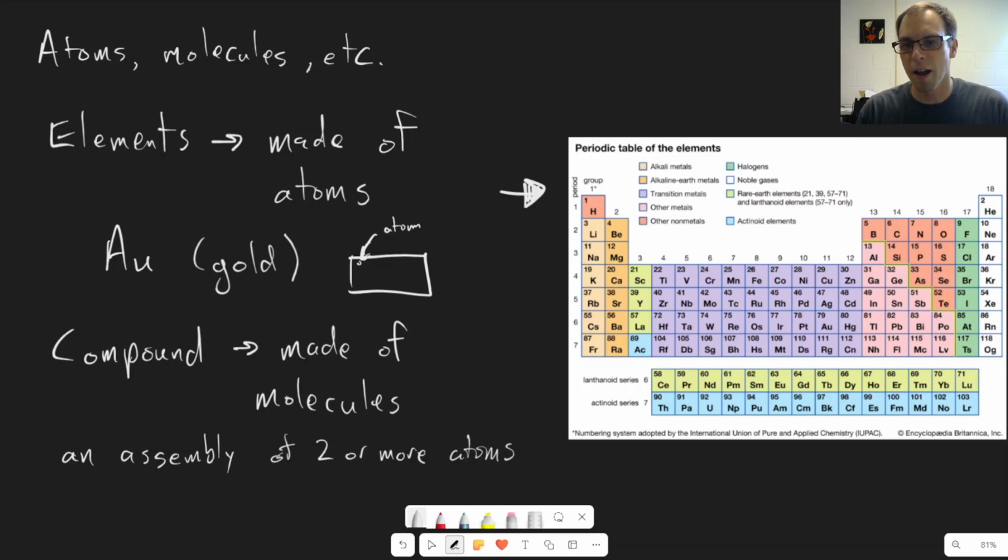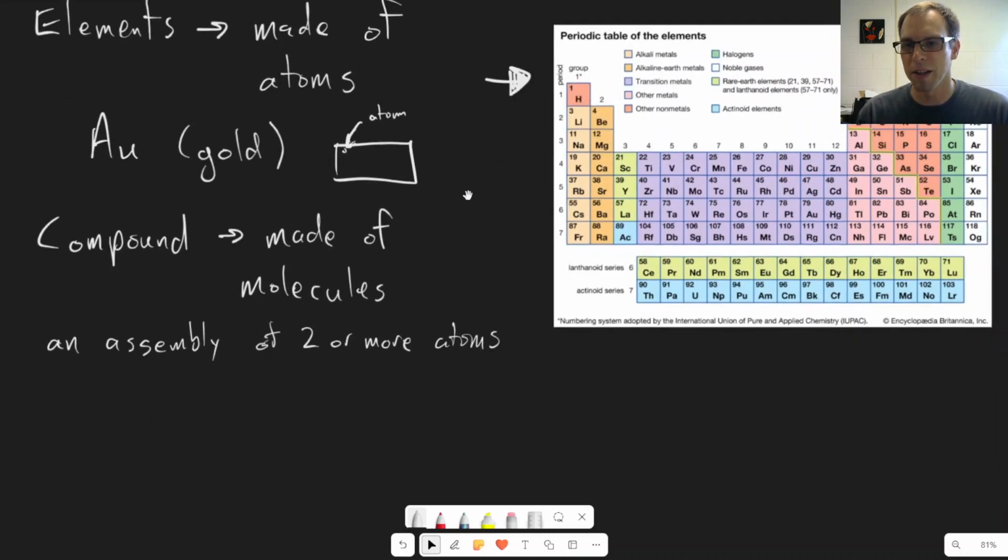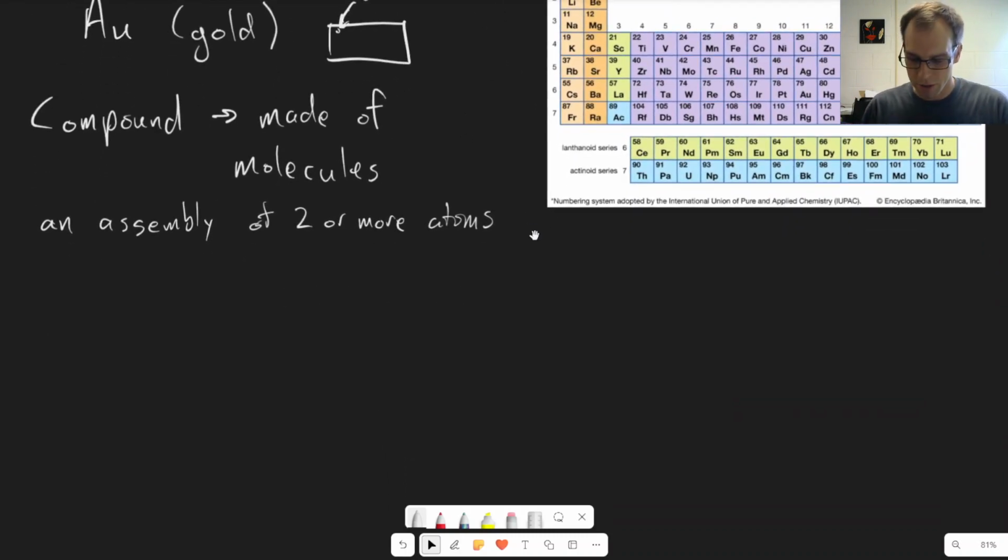So we represent compounds by looking at combinations of atoms. Probably the one that most everyone is familiar with is water, as an example of a compound that's a molecule, H2O. And this is what we call a chemical formula.